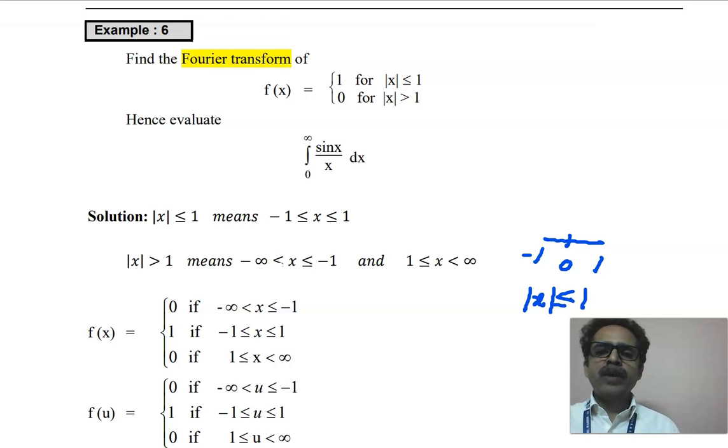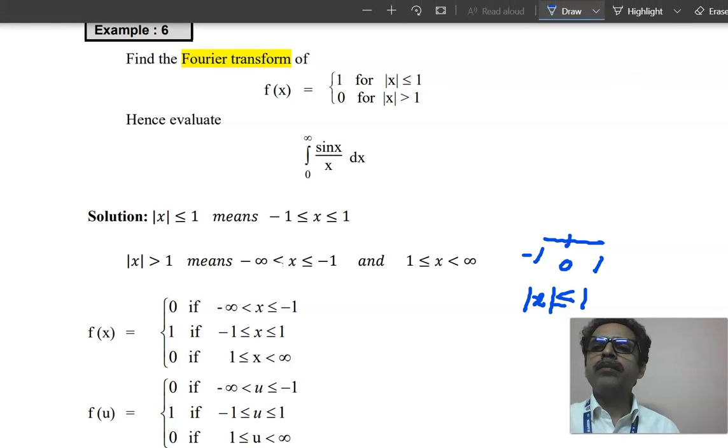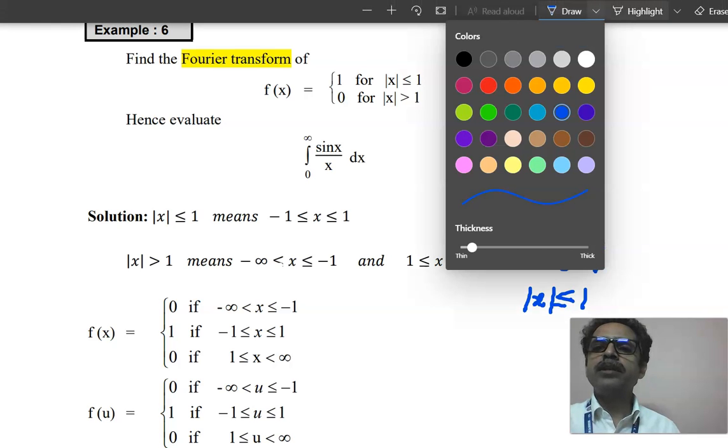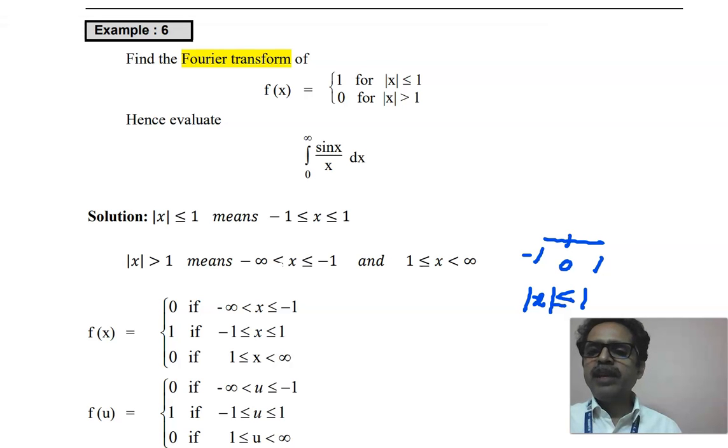Now we have to understand the remaining part, that is mod x greater than 1. So I can show that part also here. For that purpose I will change the color, I will take red. So the remaining part means I can extend from 1 and go up to infinity, so 1 to infinity, and on this side also I can start with minus 1 and go to minus infinity.